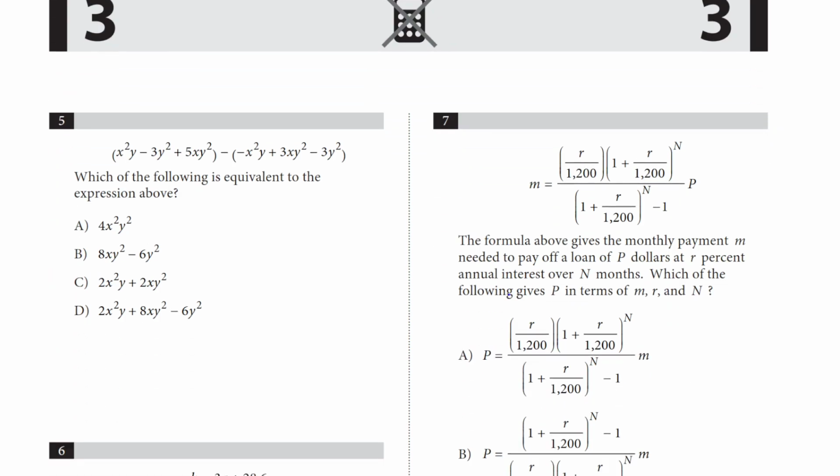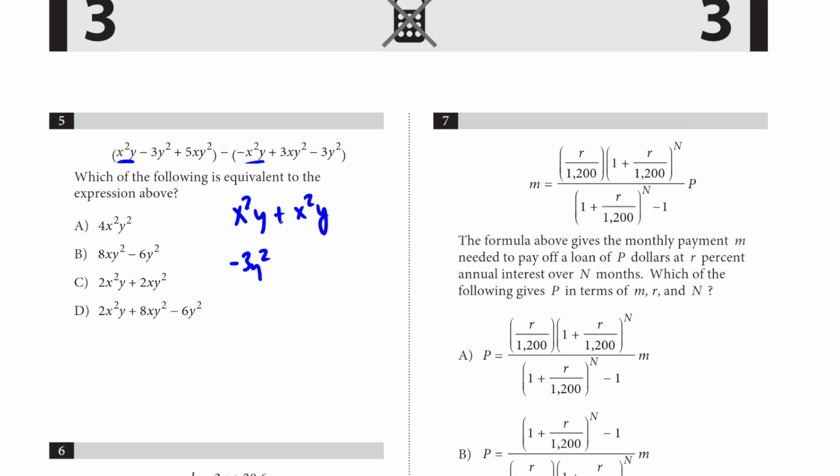Okay. Question 5. Which of the following is equivalent to the expression above? Okay, this is just simplifying. So we have x squared y minus x squared y. According to the first terms here, we have -3y squared minus, oh, sorry, we're subtracting this. So we're actually adding these together.